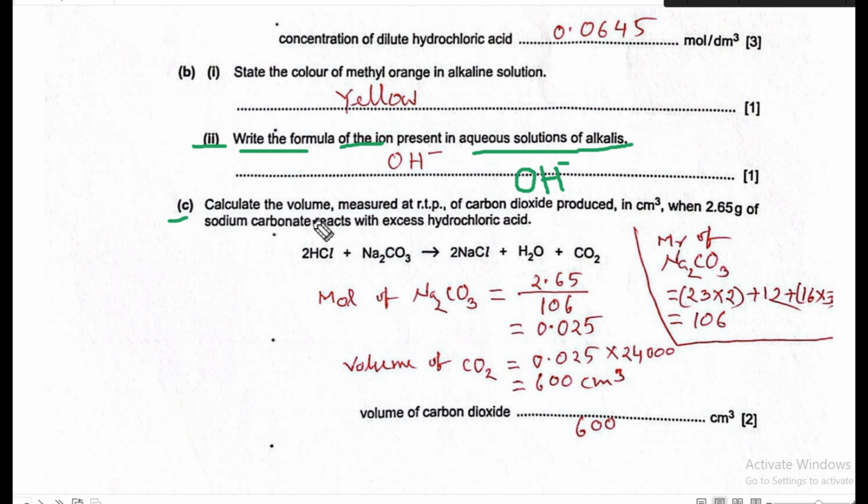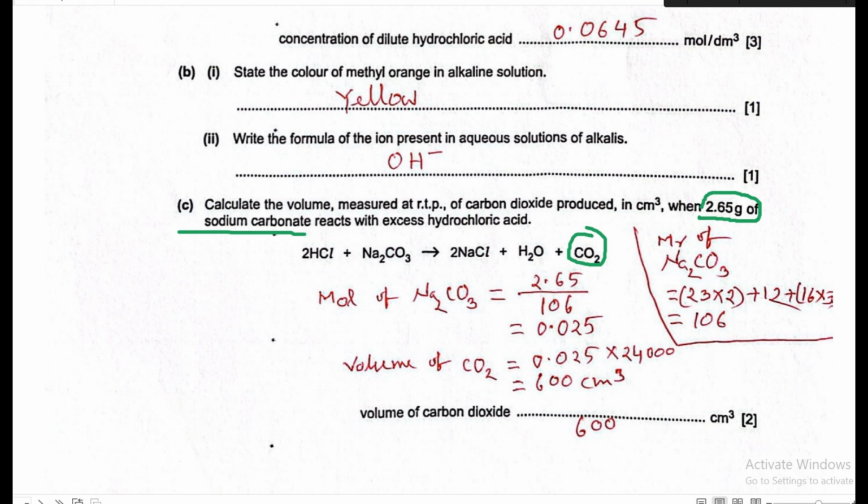Part C, calculate the volume measured at RTP, room temperature and pressure, of carbon dioxide produced in centimeter cube when 2.65 gram of sodium carbonate reacts with excess hydrochloric acid. So you are asking to calculate the volume of carbon dioxide, but in the question 2.65 gram of sodium carbonate is given. Sodium carbonate mass is given, so you can use the solid formula to calculate moles of sodium carbonate.